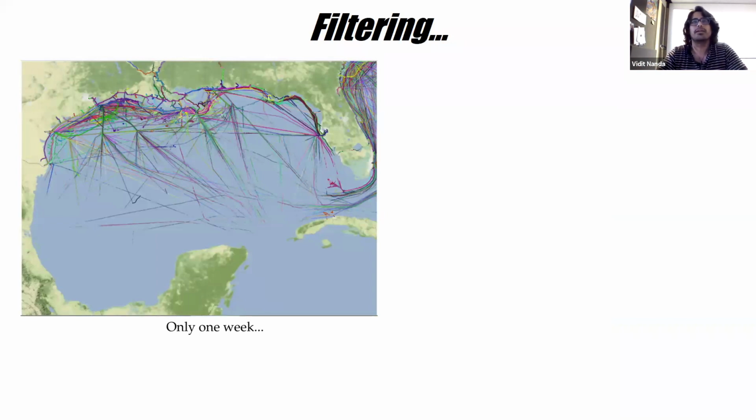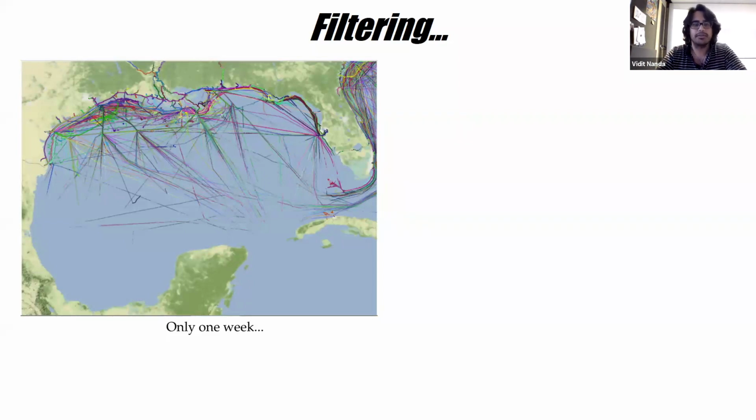Maybe towards the right, you see a lot of people sailing around the panhandle. And if you really start to zoom in, there are a few very interesting points where ships go straight to that point and diverge. Maybe towards the northwest of the picture, that's here. Anyway, that's one level of filtering.